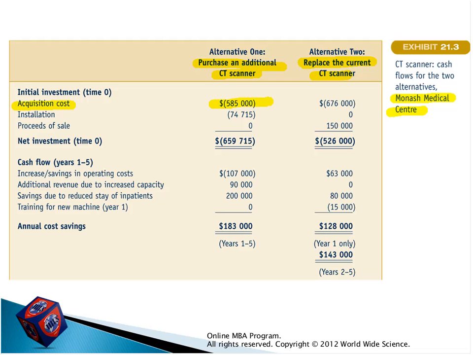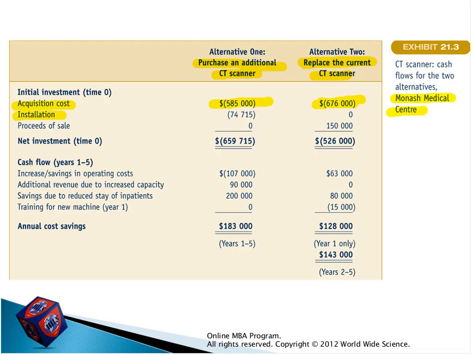585,000 US dollars. If we replace the current CT scanner, it costs us 676,000. I might guess that when we replace the current one it's more expensive because maybe it's a newer model of the CT scanner. Here I have no explanation actually, unfortunately. So, installation costs.